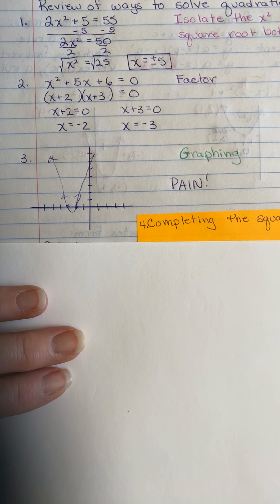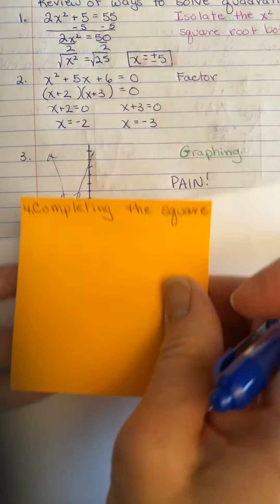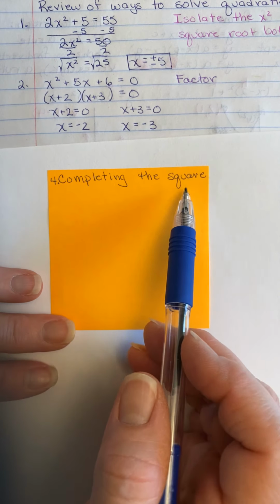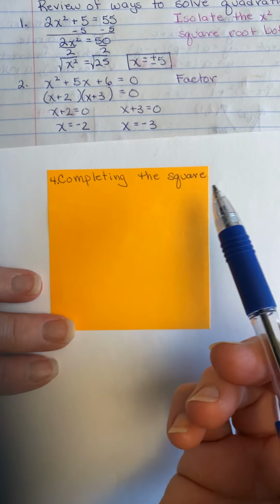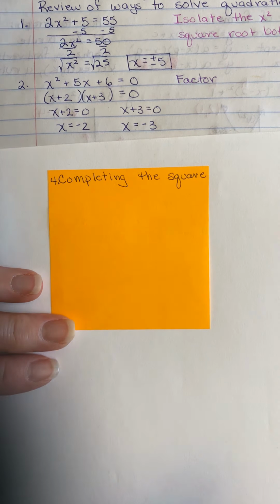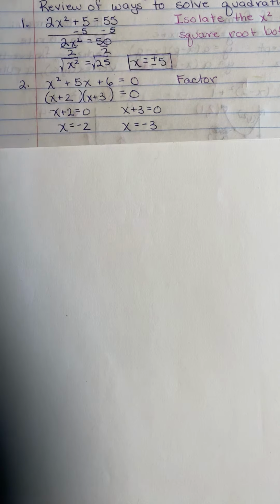All right. The fourth way that we learned to solve quadratics was by completing the square. And on the previous bonus video, I went through one of those, so I'm not going to do one of those right now.